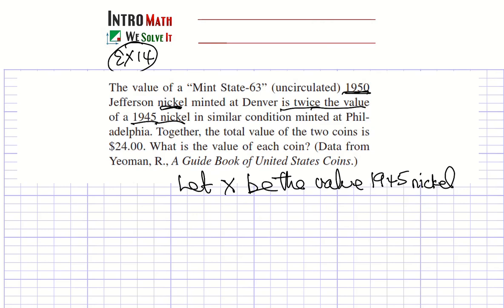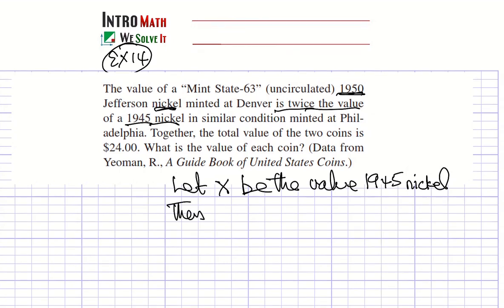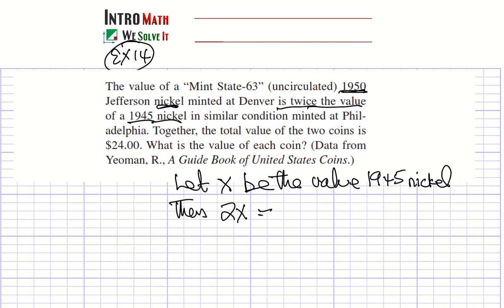Then it said that the 1950 is twice the value of the 1945. So the 1950 has 2x value. That's all that is saying. So 2x value represents the 1950 nickel. Don't let the words confuse you.